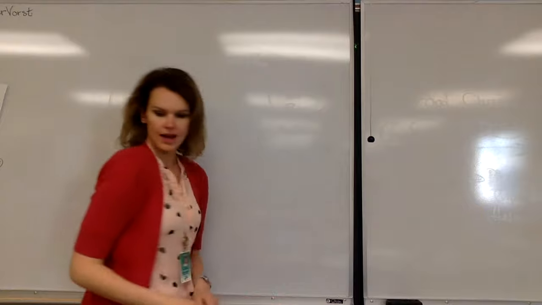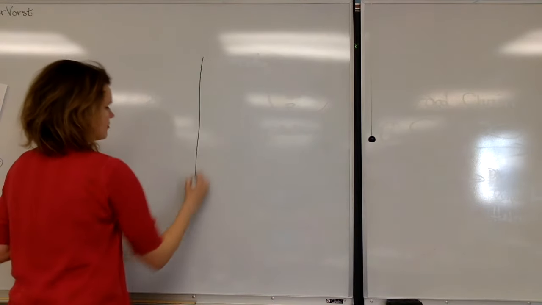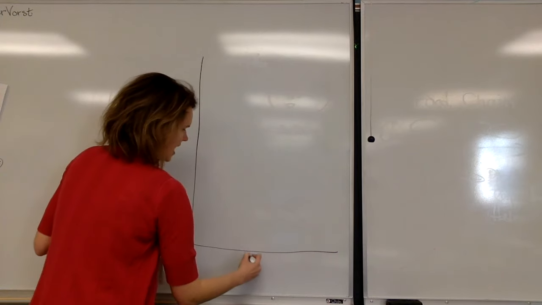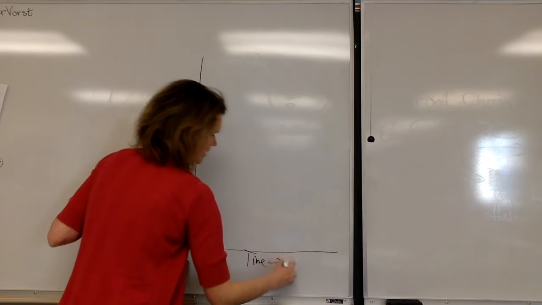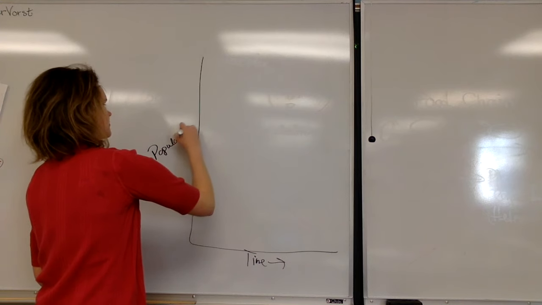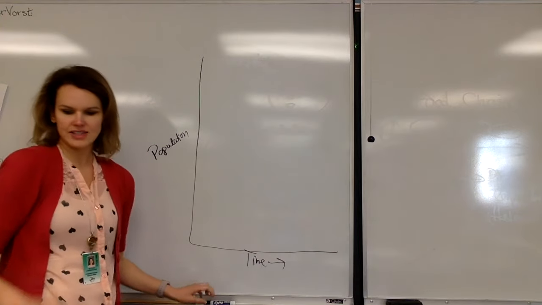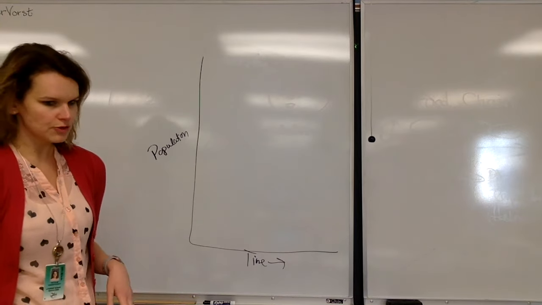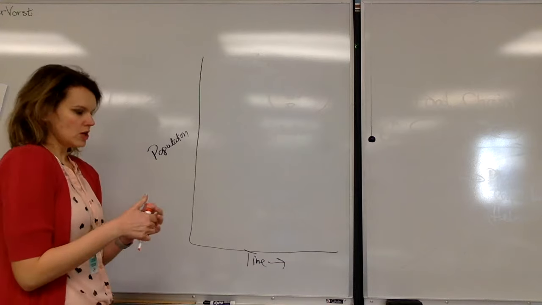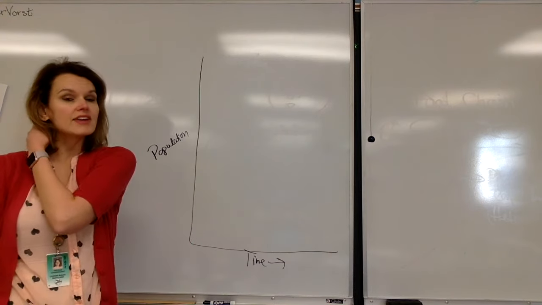If you have a chart or a graph, we have time on the bottom and population size on this axis. Now, if you have ideal conditions, you have lots of food, all the organisms in an ecosystem are reproducing, and you have no death.